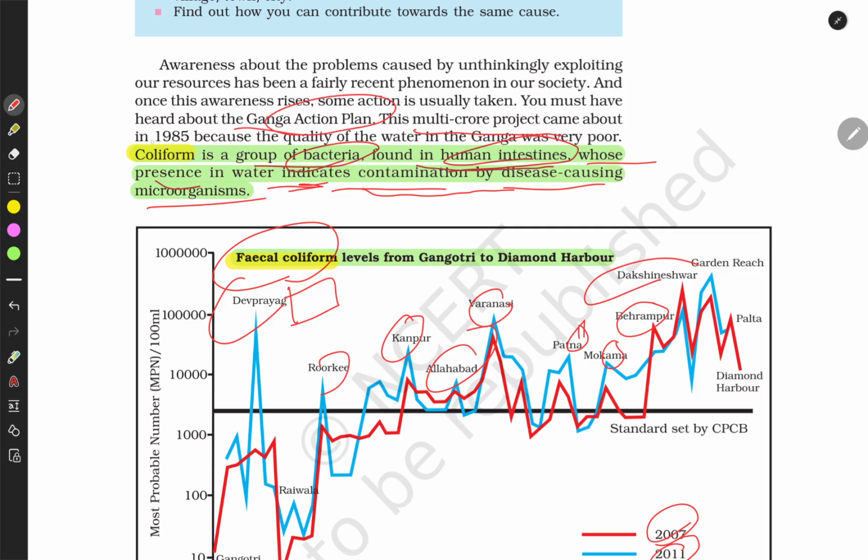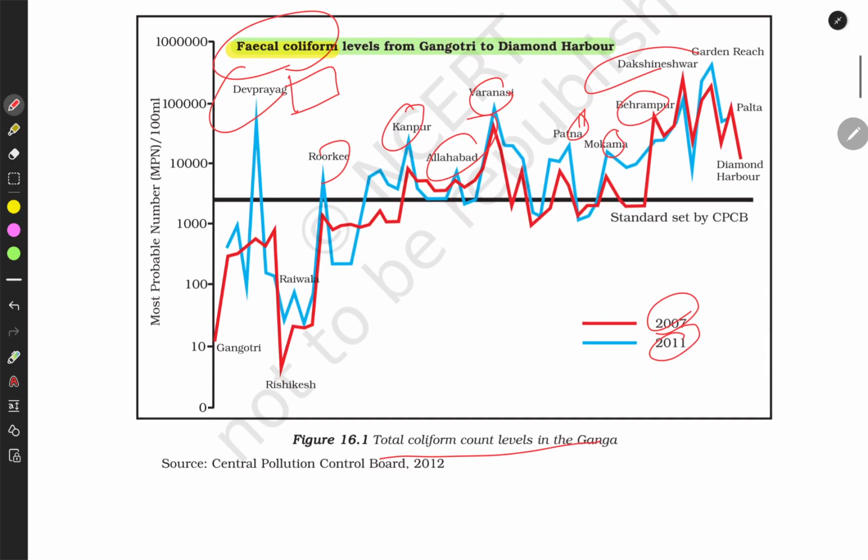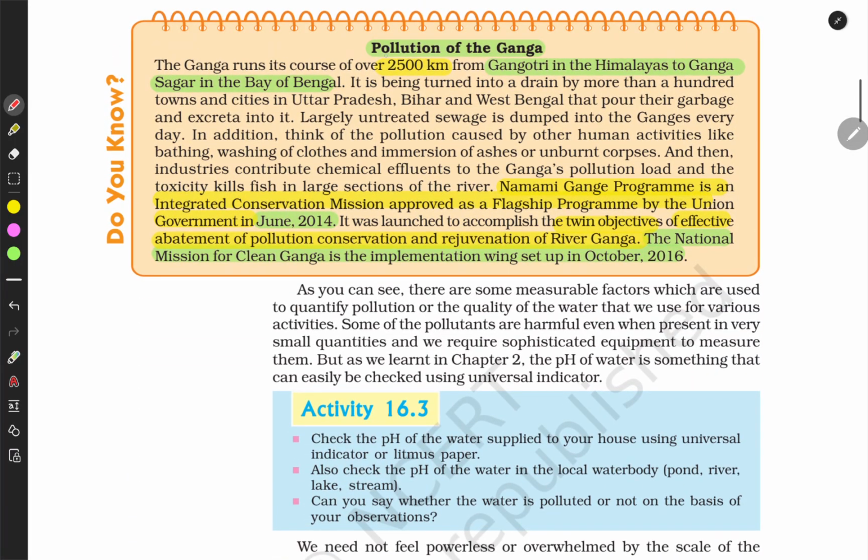This multi-crore project came in 1985 for the cleaning of the Ganga. The Ganga runs about 2,500 kilometers, from Gangotri in the Himalayas to Ganga Sagar in the Bay of Bengal. A part of it lies in India, and the rest is in Bangladesh.